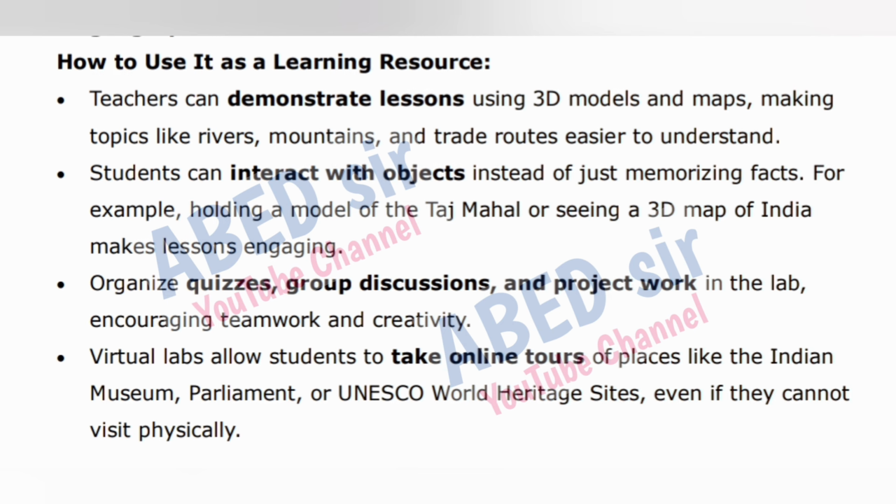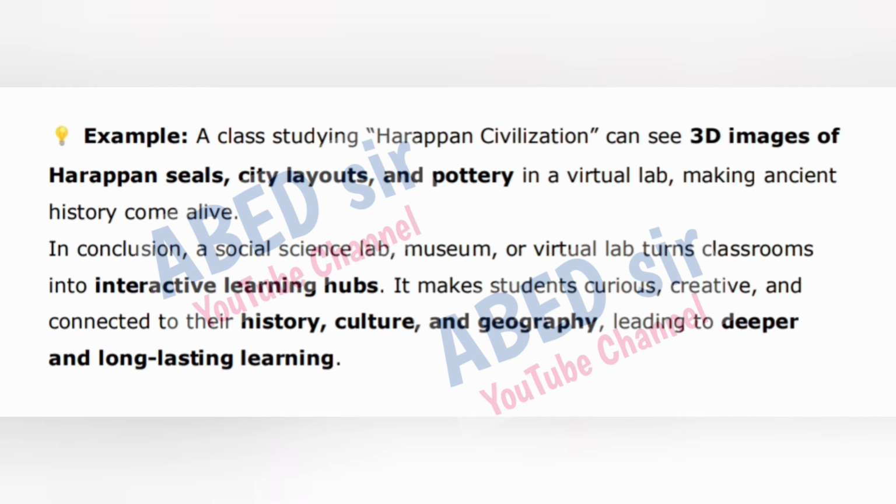Virtual labs allow students to take online tours of places like the Indian Museum, Parliament, or UNESCO World Heritage Sites, even if they cannot visit physically. Example: a class studying the Harappan civilization can see 3D images of Harappan seals, city layouts, and pottery in a virtual lab, making ancient history come alive.